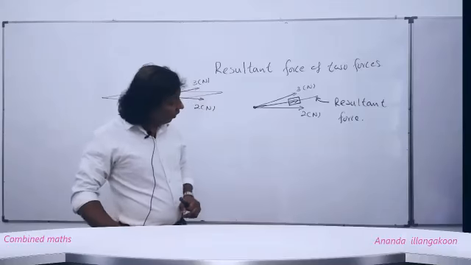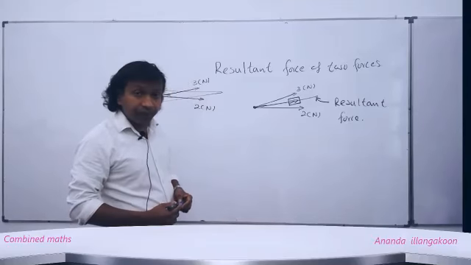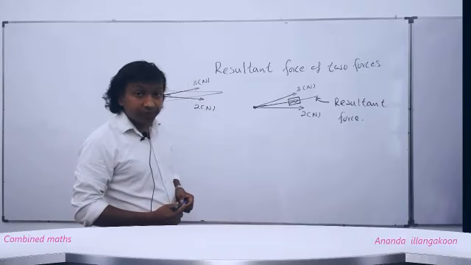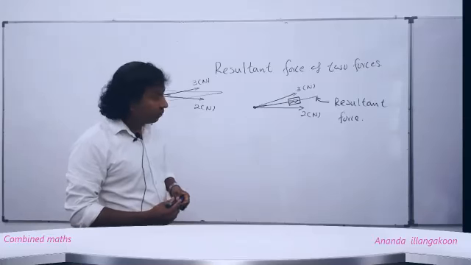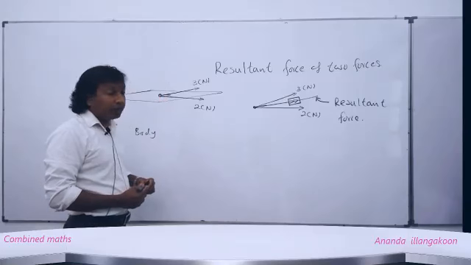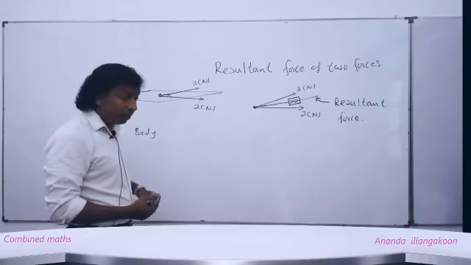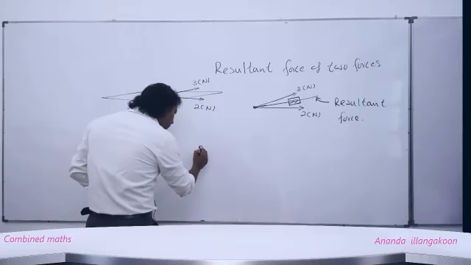People, in finding the resultant force of these two forces, we can explain it by the parallelogram law of forces we learned, right? Okay, people? So it says like this. Now, in this case, the same thing I am going to use. Suppose this is our body.